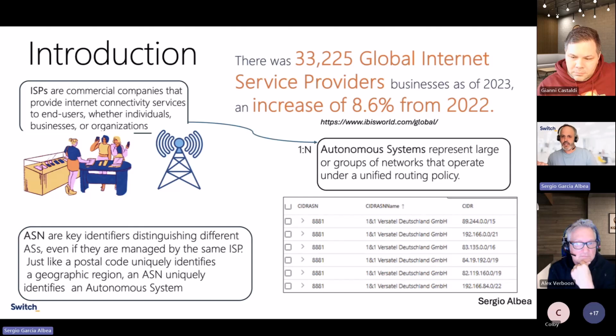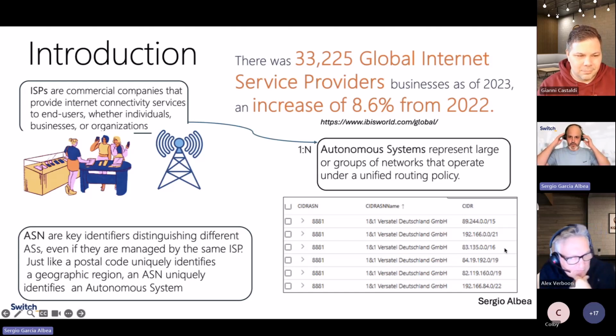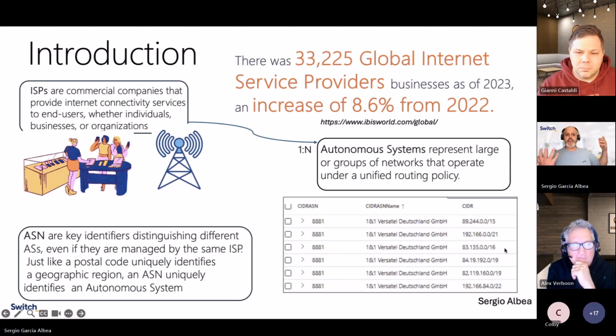But as you can see on the right, in the CIDR, this range of IPs will be complicated to remember, if you have to remember all the autonomous systems. So what we have is the autonomous system numbers, which basically are a key identifier.